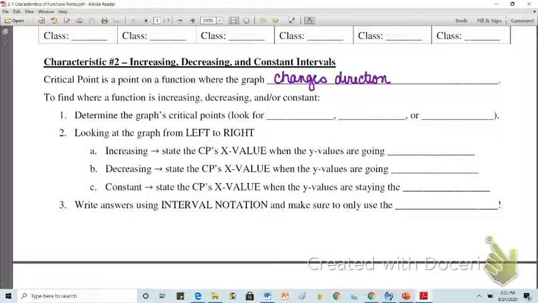To find where a function is increasing or decreasing or constant, step 1 is you're going to find your critical points. These are your minimum points, maximum points, or vertical asymptotes.